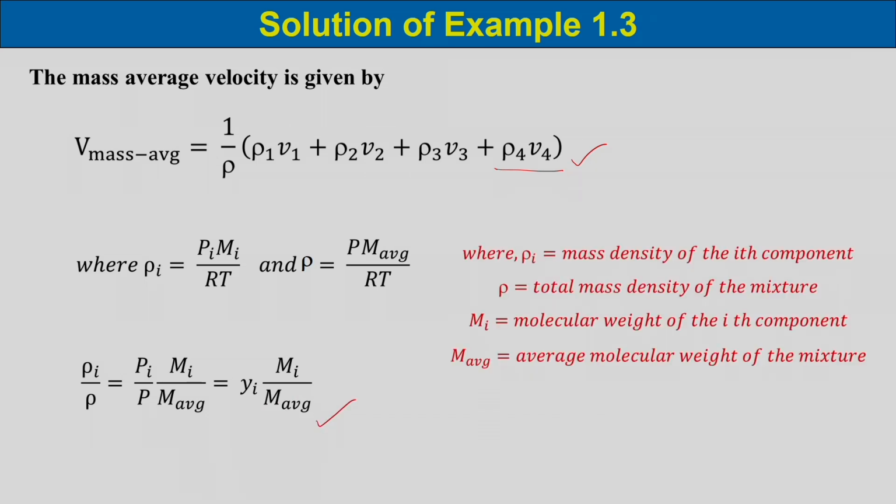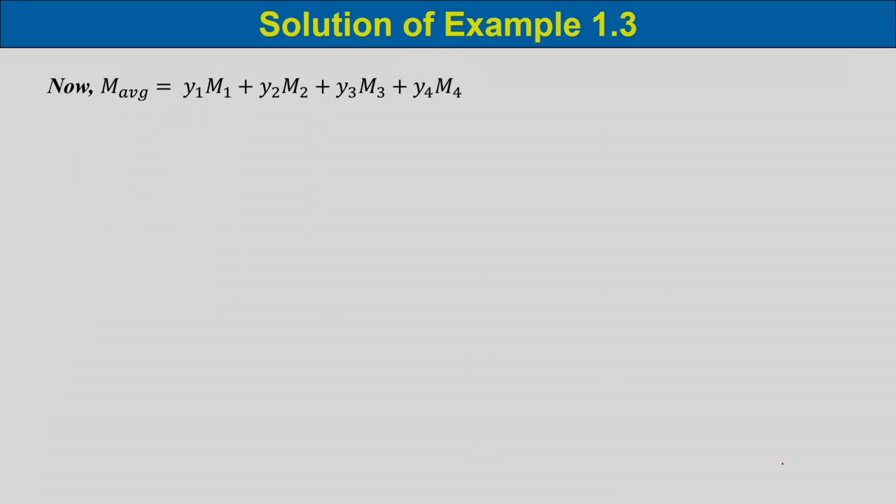Here, rho i is the mass density of the ith component, rho is the total mass density of the mixture, M i is the molecular weight of component i and M average is the average molecular weight of the mixture.